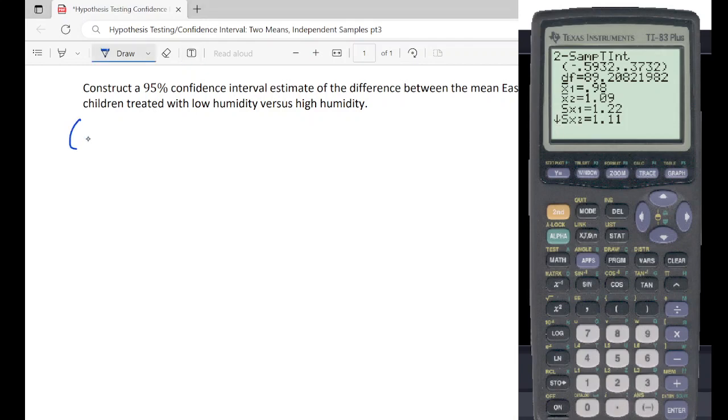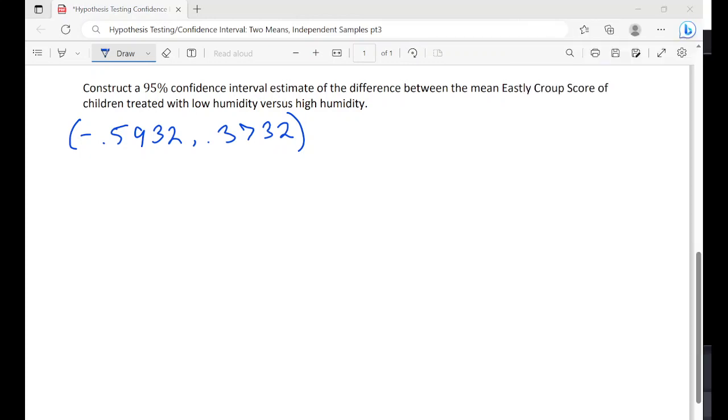So negative 0.5932 to 0.3732. Now, the confidence interval is where we take the population means, mean 1 minus mean 2, to get these values. You can see that we start off with a negative number and end with a positive number.